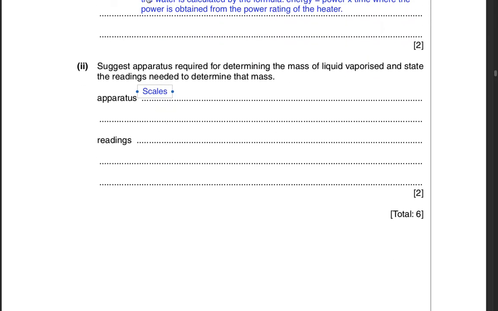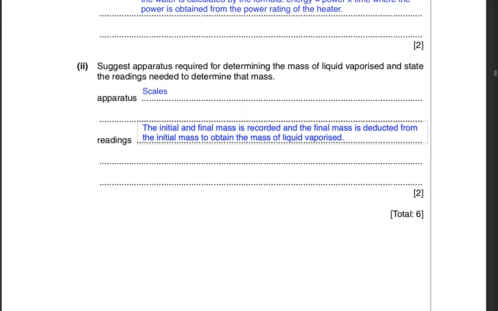Okay, scales. So they want mass. The initial and final mass is recorded, and the final mass is deducted from the initial mass to obtain the mass of liquid vaporized.